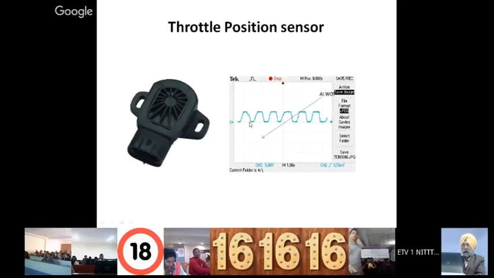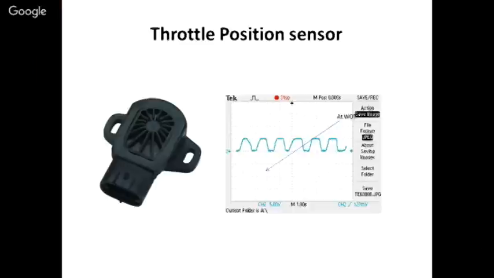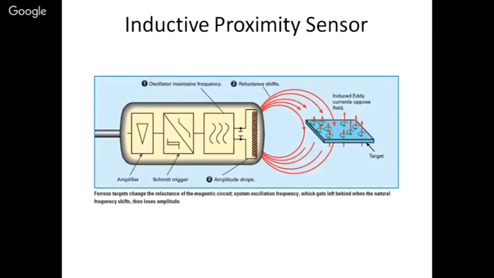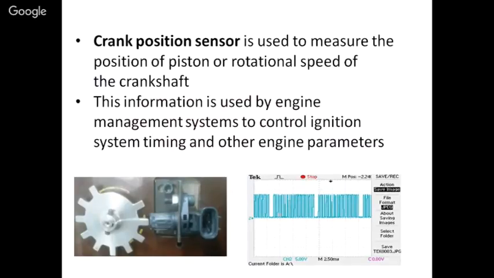Okay. So as you can see now, the position of the throttle will not be binary, but it will vary. For example, here the situation is binary. Either this tooth is here or the tooth is not there. So there are two states.